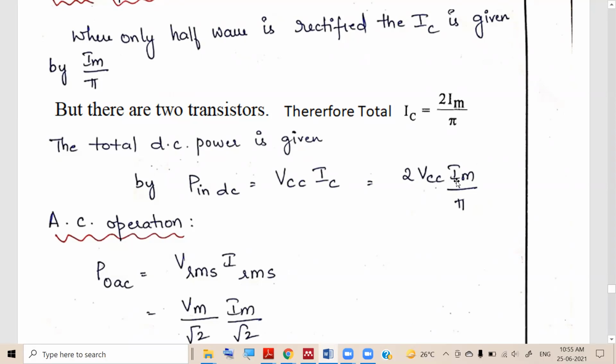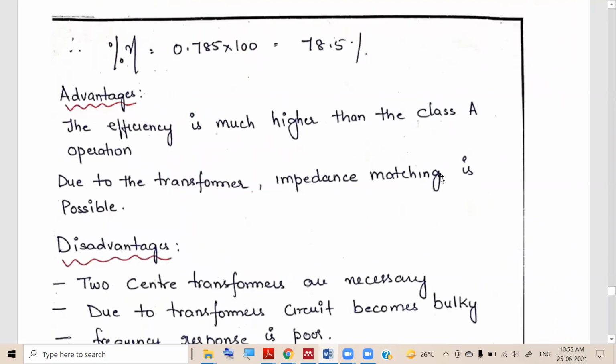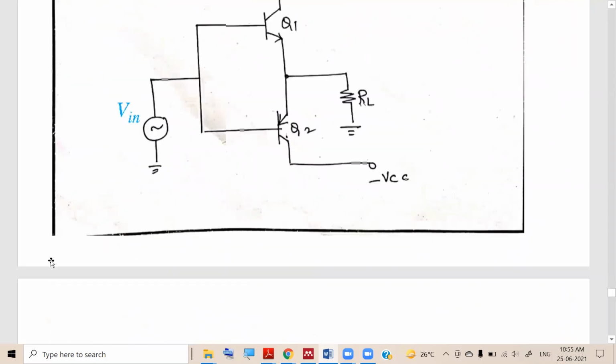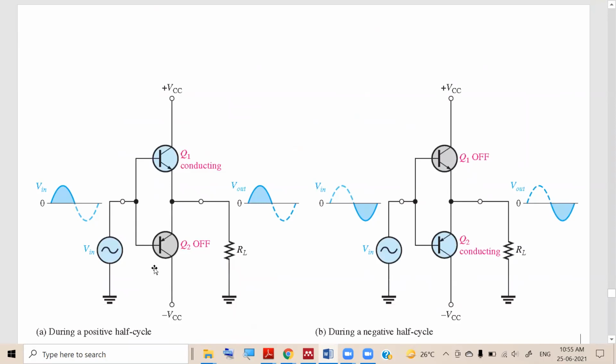Next, output AC power. Now what is happening here? In one half cycle, one transistor is conducting, and in the other half cycle, the other transistor is conducting. Although the conduction paths are different, at the output we get both positive and negative half cycles, almost a full sinusoidal signal.